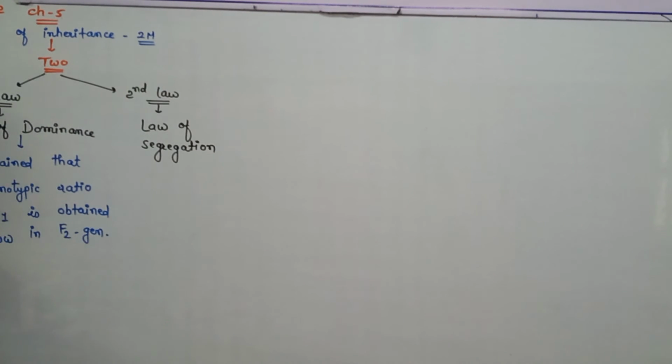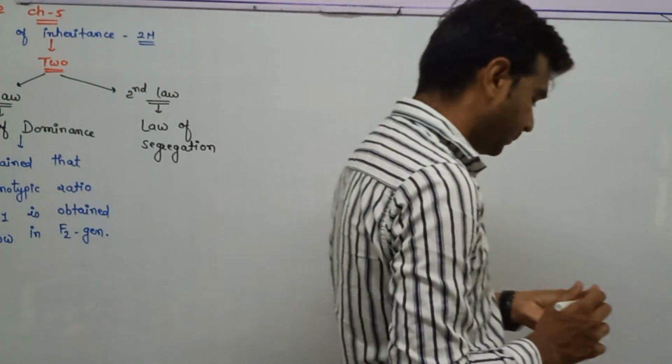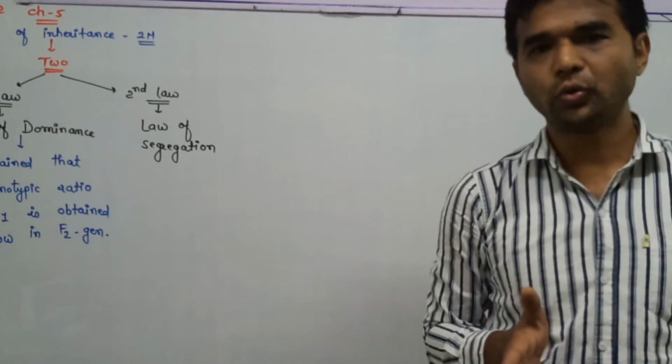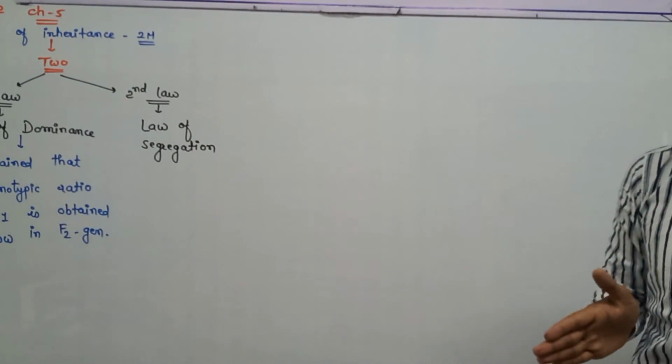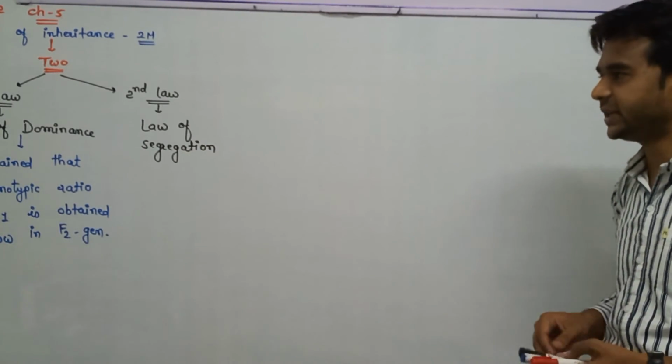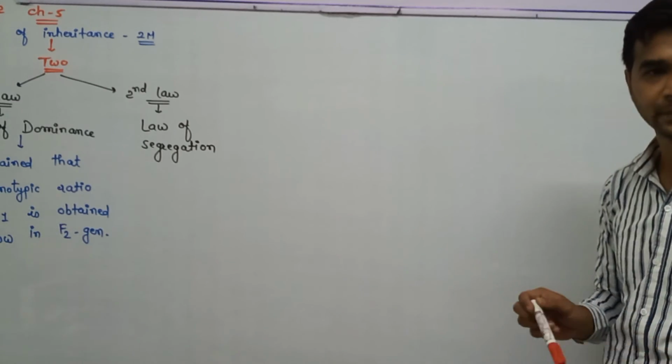This is the most important MCQ. It is frequently asked in the exam: which law represents that in F2 generation 3:1 ratio is obtained.